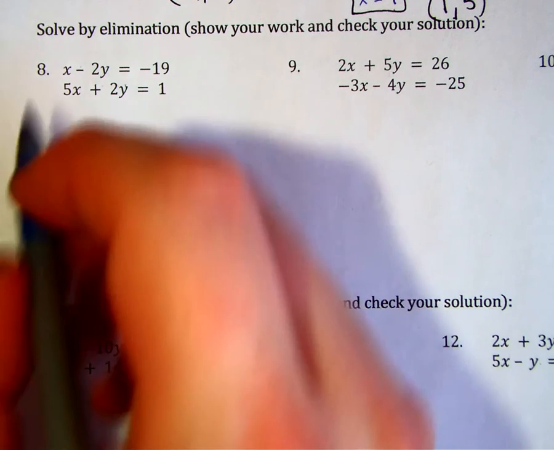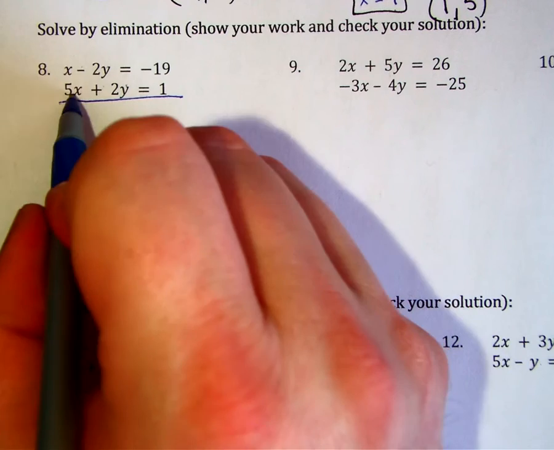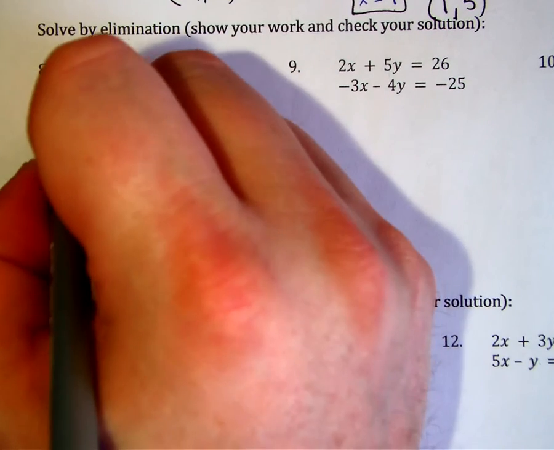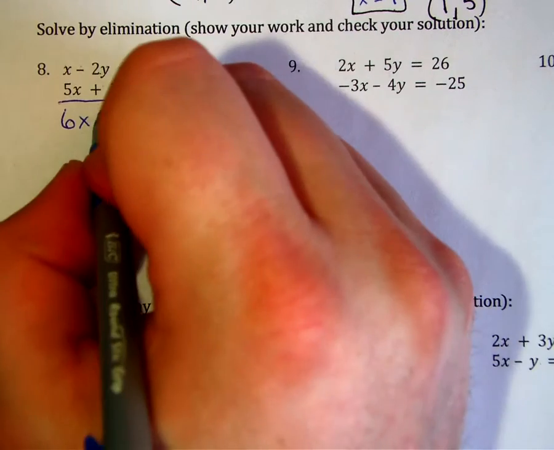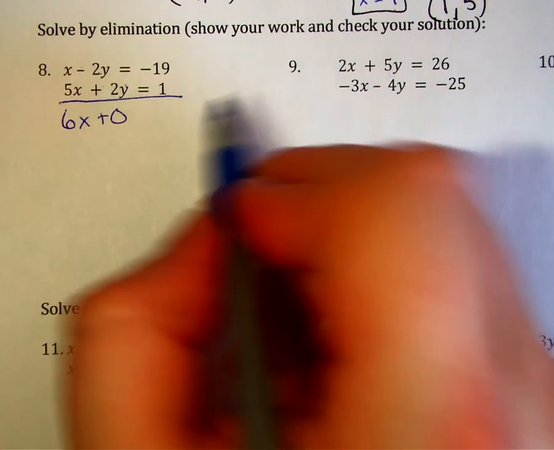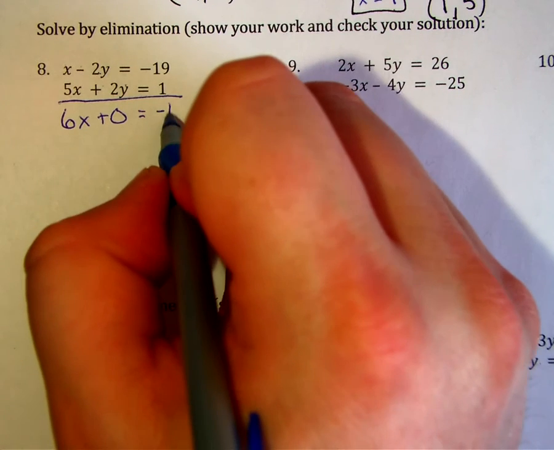Those are opposite coefficients. So I can add my two equations together and one of my variables will eliminate itself. So I have x plus 5x, that becomes 6x. -2y plus 2y, well that's just plus 0, equals -19 plus 1, which is -18.